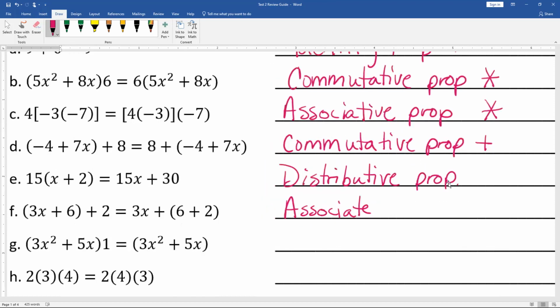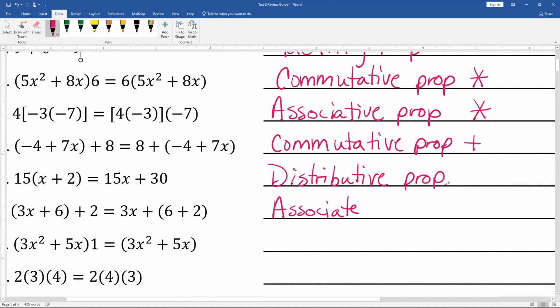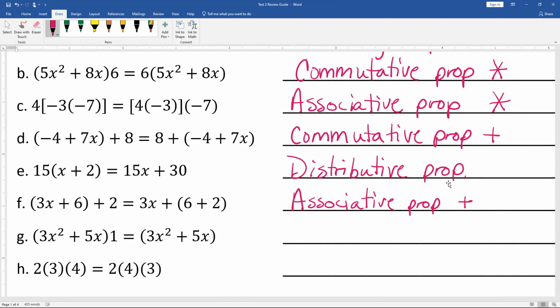You can see in this one that makes sense because 6 and 2 are both constant, so you could simplify those. So you would want to simplify those two together first. But yeah, the associative, and this is why I have to spell it, T-I-V-E, property of addition. Very good. All right, what about G?